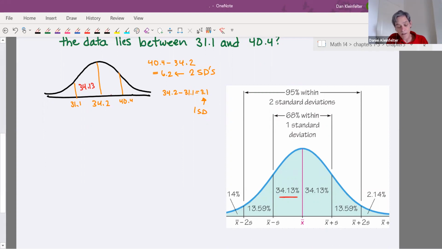For the upper end, that's a distance of 2 standard deviations. So it will be the 34.13 plus the 13.59%. So let's add that up. That's 47.72%.